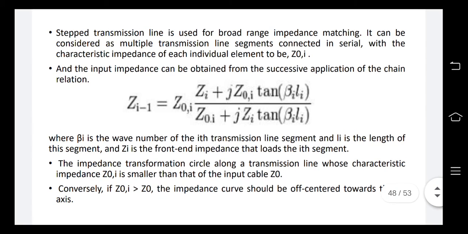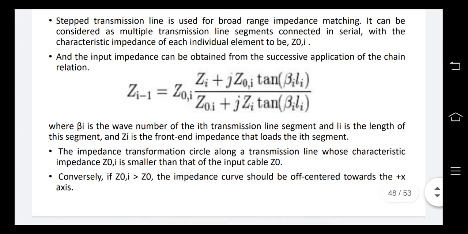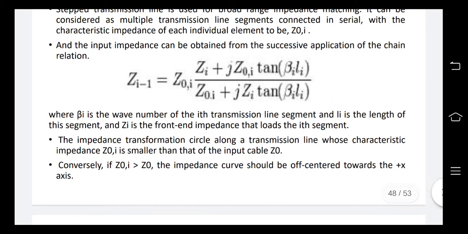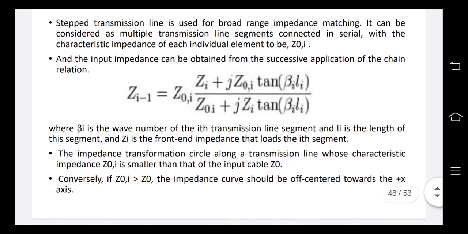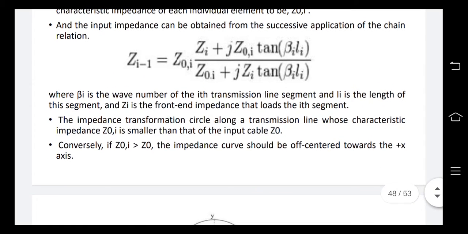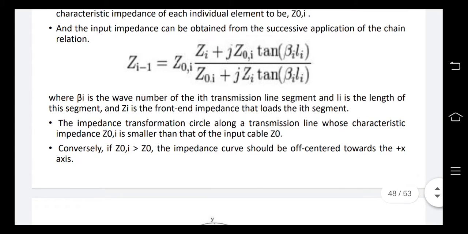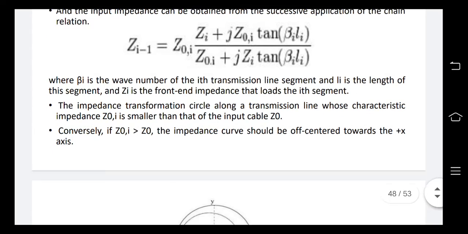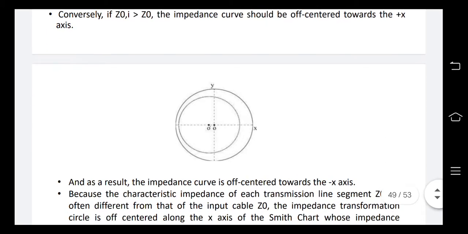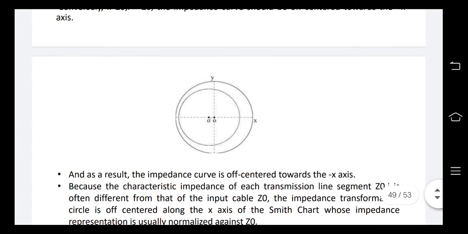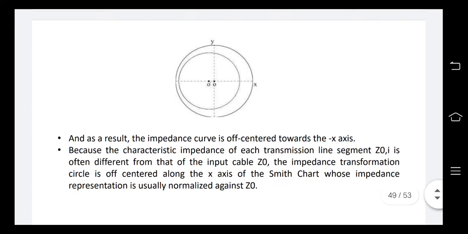The impedance transformation circle along a transmission line whose characteristic impedance Z0,i is smaller than that of the input cable Z0 is off-centered towards the minus x-axis. Conversely, if Z0,i is more than Z0, the impedance curve is off-centered towards the plus x-axis. Here you can see the off-centering.